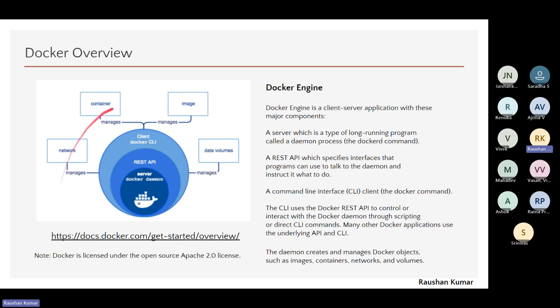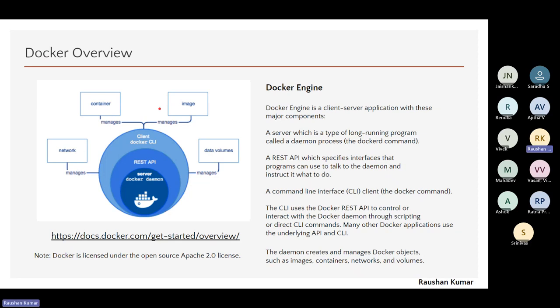Whatever I type, through REST API the information goes to the Docker daemon, which is the server. This is the brain. This does all the things that are being asked from the client. The request from the client goes to the Docker daemon through REST API. It processes all the information and gives you the output back.